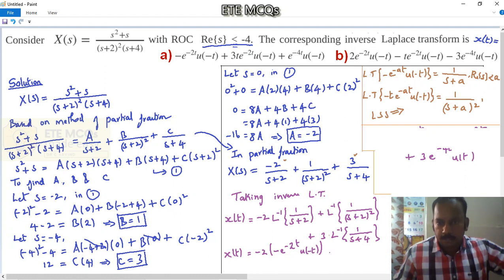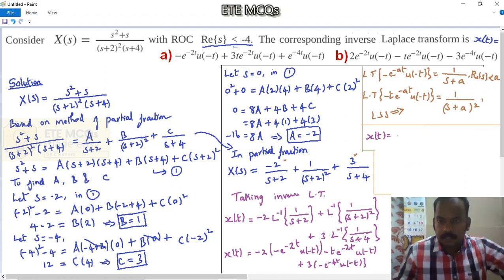Next it is plus, Laplace inverse of 1 by s plus a the whole squared is minus t e power minus at u of minus t. So it is minus t e power minus 2t into u of minus t. The last term is again plus 3 into minus e power minus 4t into u of minus t.